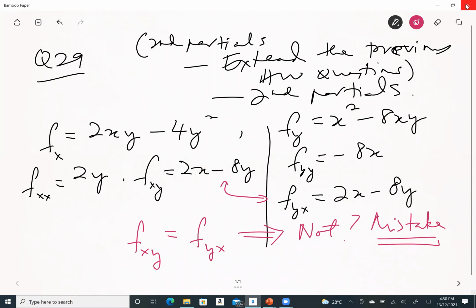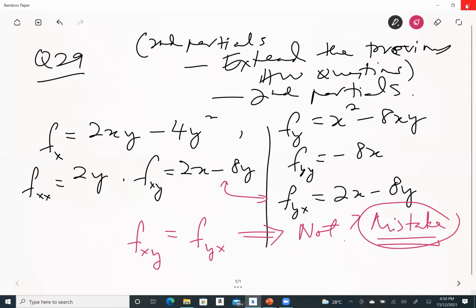So that's a mistake. You have to check. They should be the same. If they are not, maybe something went wrong along the way. So fyx must equal fxy, and that's good because that is one way to check our solution.